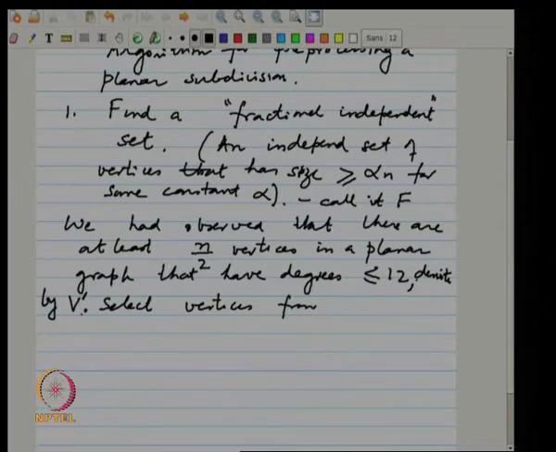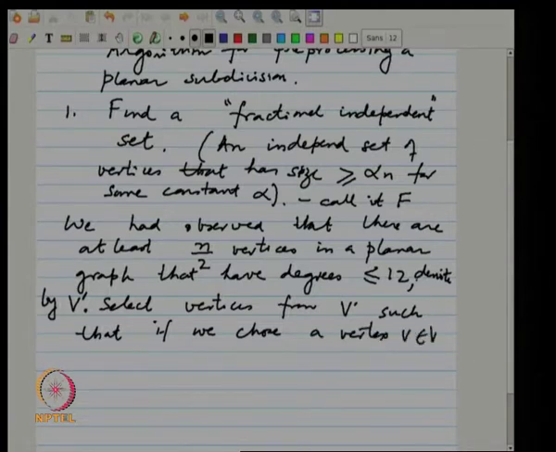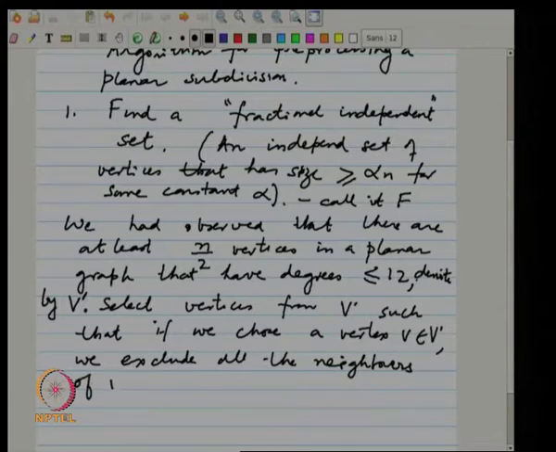Now, select vertices from V prime such that if we choose a vertex V in V prime, we exclude all the neighbors. We have a number of neighbors of this vertex, but no more than 12.